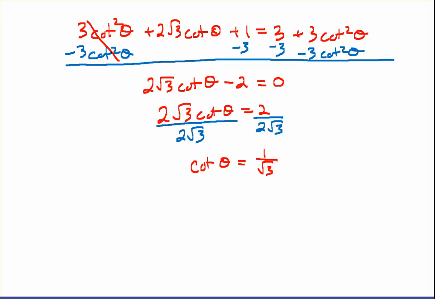But just like tangent, 1 over root 3 doesn't tell me what the unit circle quadrant is. So we're going to make that 1 into a half, and root 3 into root 3 over 2. Either both are positive, or both are negative, because that will give me a positive 1 over root 3.